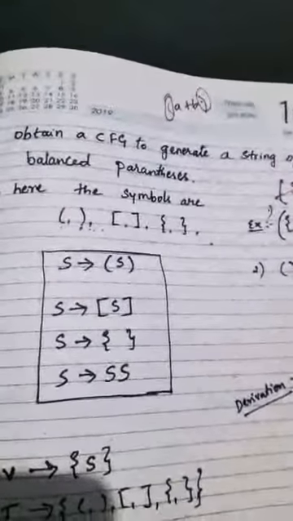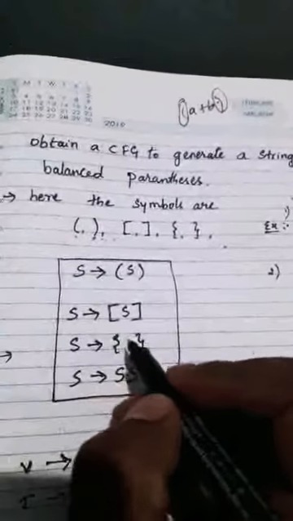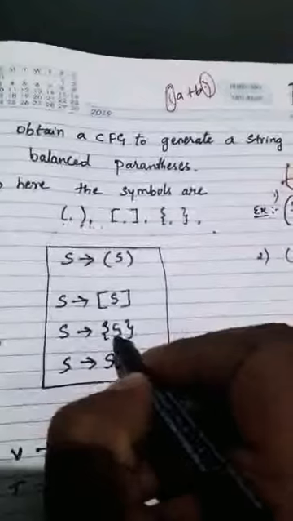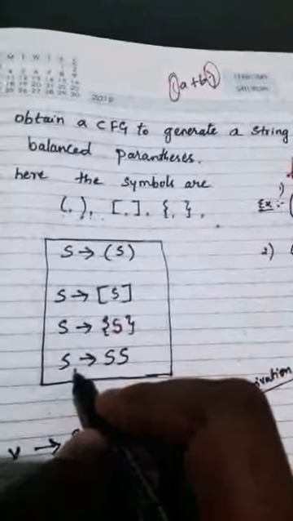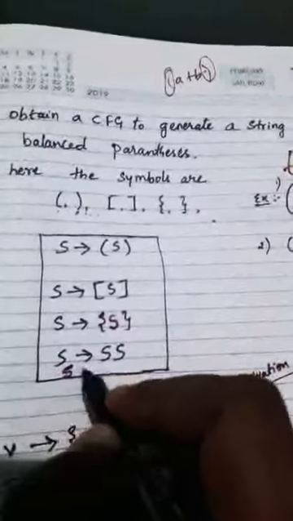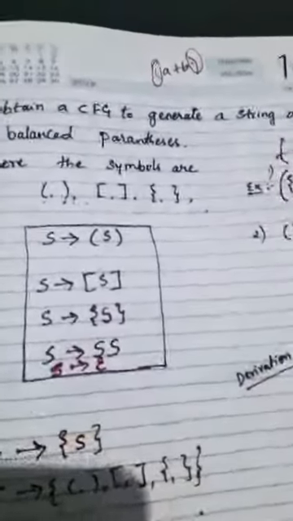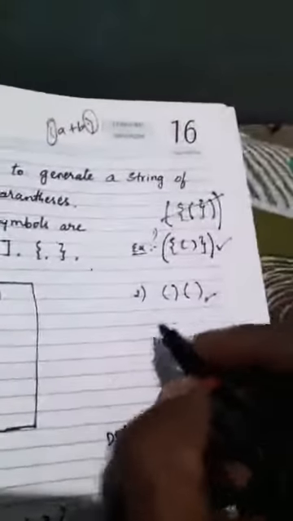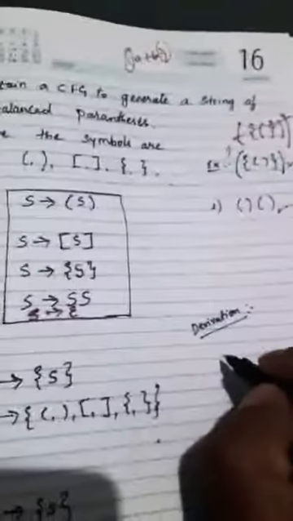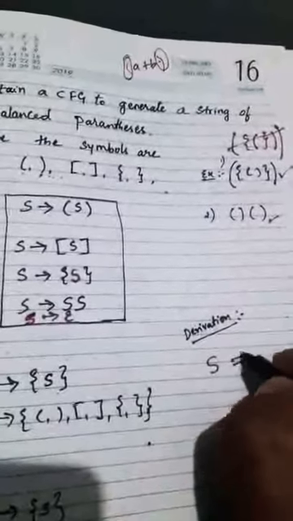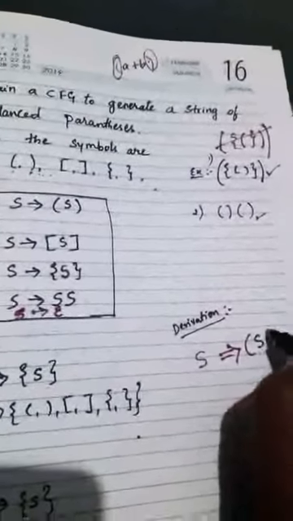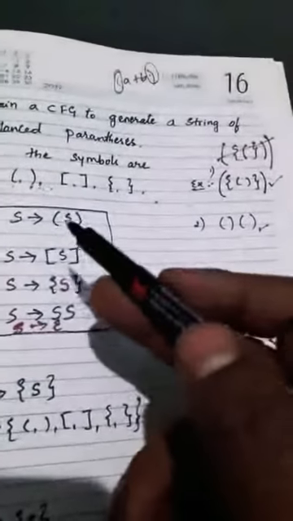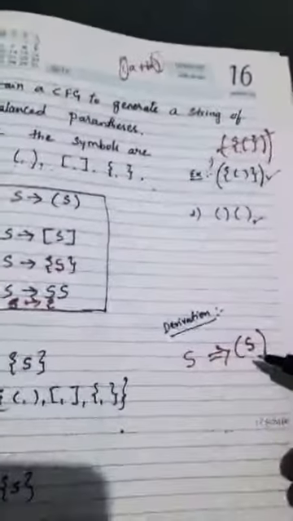First, if you take only S, you will get its equal in production, as shown in the first production.